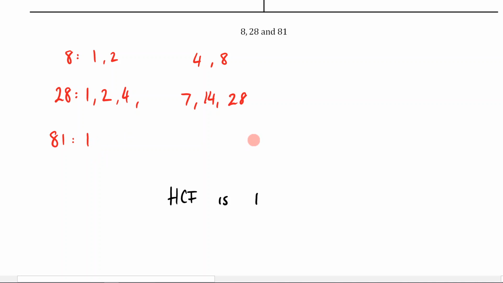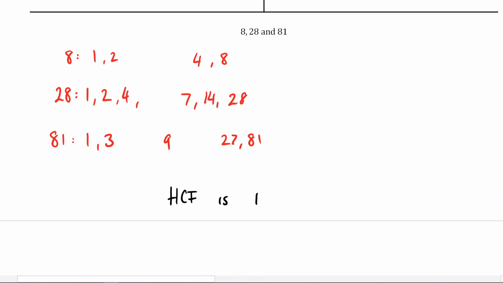It'll be 1 and 81. 2 doesn't go in. 3 does go in. Let me just double check. It goes in twice with 2 remainder, 27. 4 doesn't go in. 5, no. 6, no. It's going to be 9.